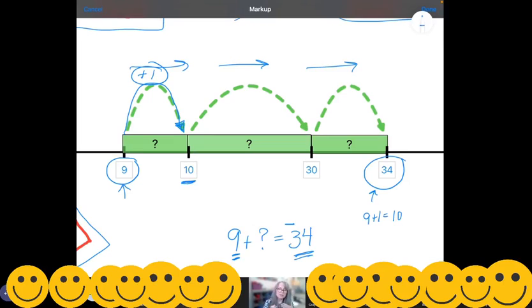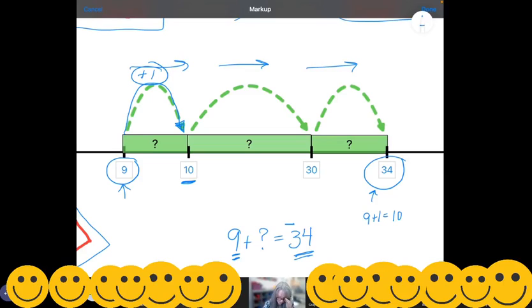The first step took me to the nearest 10 on this number line. So that's a strategy we can use when we're using the add up strategy to solve a subtraction problem: let's add to the nearest 10. That's what this one did. 9 plus 1 is 10. Now, I know I need to get to 34.